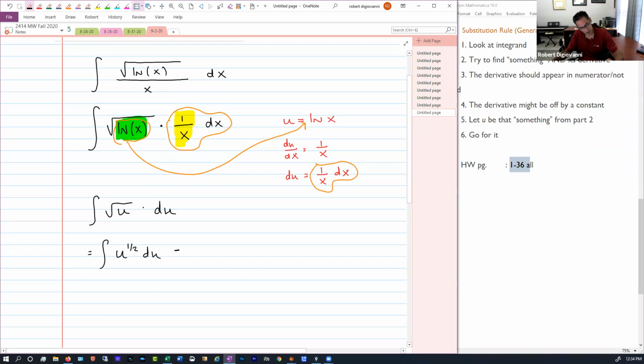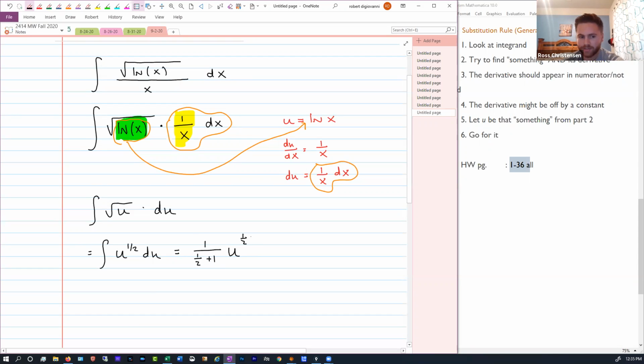Okay, so since Ross is about to do the antiderivative, there's no more integral sign. This is the step where the integral sign is going to vanish. 1 over, what do you got, Ross? So it would be 1 over 1/2 times u to the 1/2 plus 1. So would that be 2u to the 3/2?